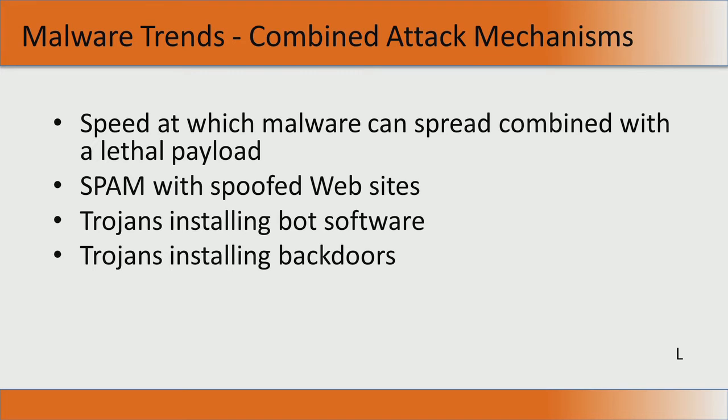Similarly, one can spam with already spoofed websites. A Trojan can be there which will keep installing bot software which can actually clog your network by creating a lot of packets.